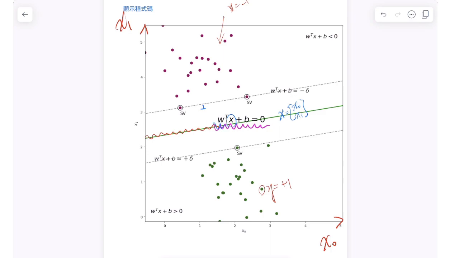And the w right here is the coefficient. If you multiply these two vectors, the result will be a line. The representation of a line will look like this. Okay, so that is a line.